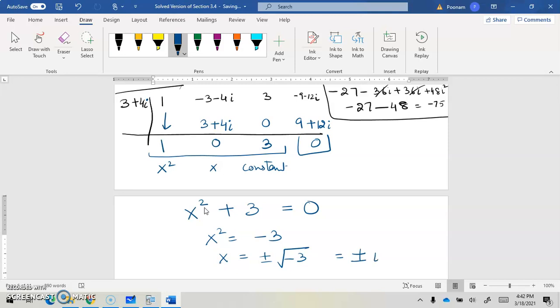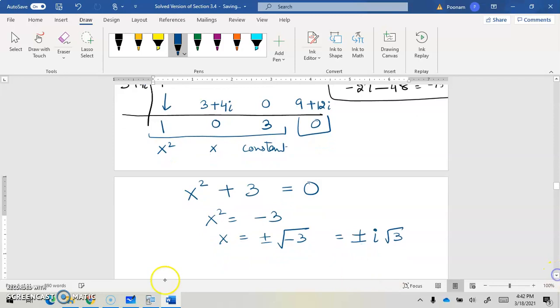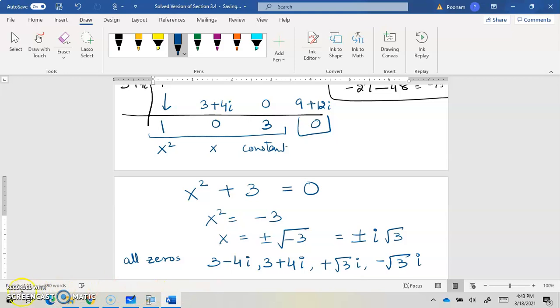Square root of negative 1 would be iota, so root 3 iota. So we have all the zeros. All zeros are 3 minus 4 iota, which was given. Then 3 plus 4 iota because it's the conjugate, and we solved and found the reduced polynomial from here that gave us root 3 iota and negative root 3 iota.